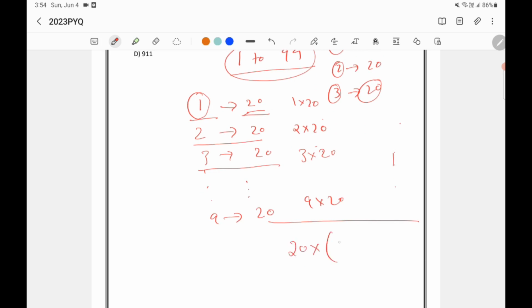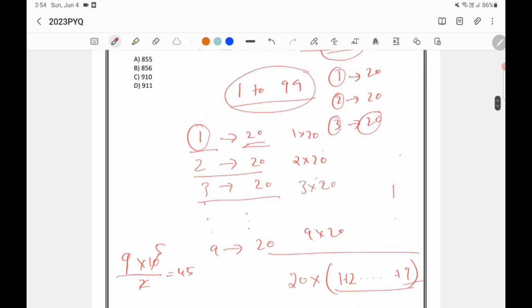So 20 into 1 plus 2 plus etc. till 9. You can use the formula: the sum of the first n natural numbers is n into n plus 1 by 2. Here n is 9, so 9 into 10 by 2 is 45. So the sum will be 20 into 45, which is 900.